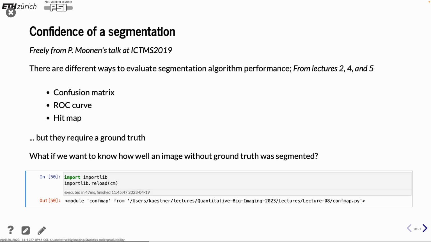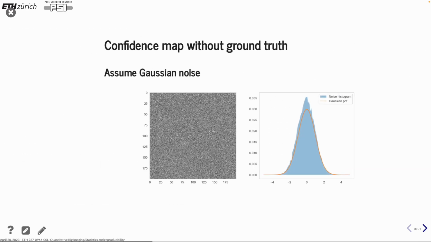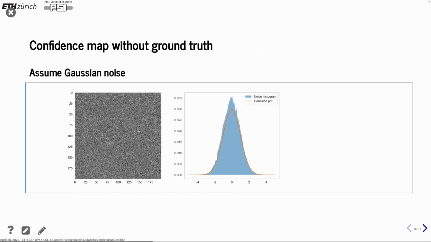It's actually about how good our segmentation was. How confident are we about each segmented pixel? And now we have to go back into looking at the statistics. Assuming we have Gaussian noise, you would get an image like this, just a single class, with some Gaussian probability density function, and that is what we are going to work with now.